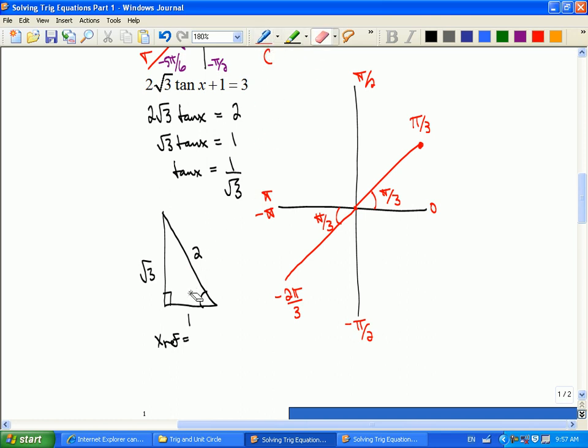So you are paying attention. Okay, so that one is opposite over adjacent. Good stuff. Pi over 6. So I'll just make a couple of adjustments here. Oops, I should have that too.